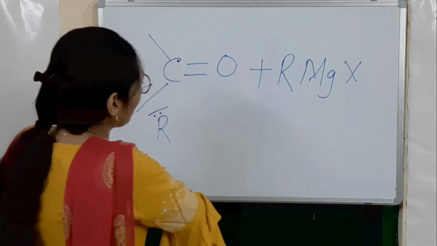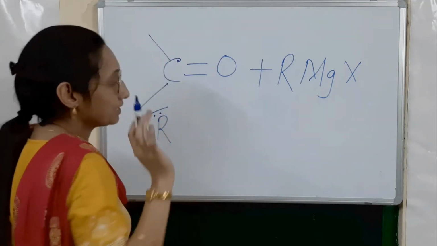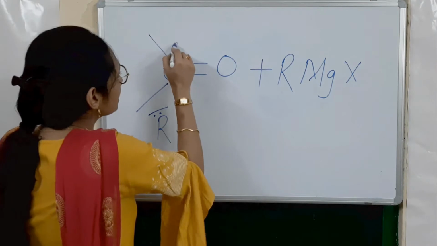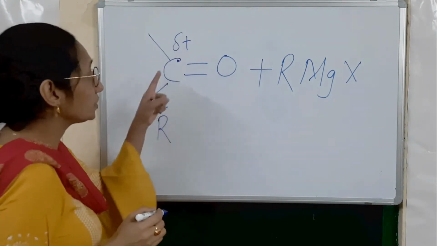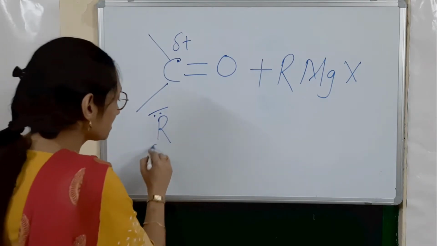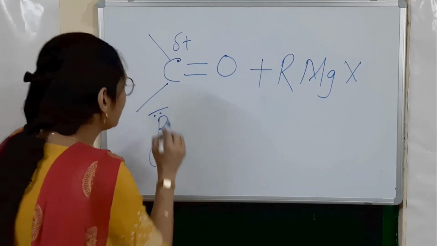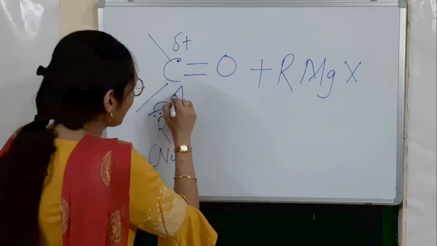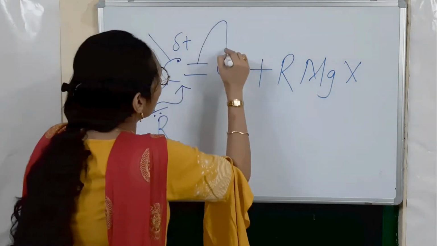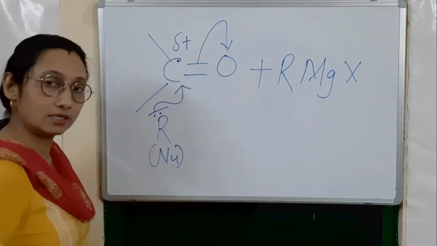See, this compound, that is any carbonyl compound, it can be aldehyde, it can be ketones. Now this carbon is delta positive, so it will invite this R minus. This is a nucleophile. So R minus will attack this carbon and the C double bond O, this bond, is broken.